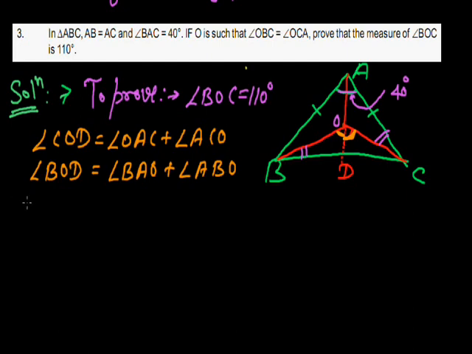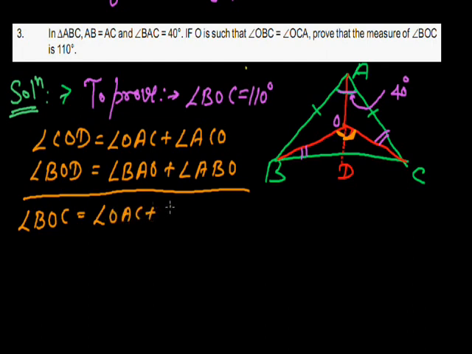Now, adding both of these, we have angle BOD plus angle COD, that means angle BOC, and it is equal to all four angles: angle OAC plus angle OAB plus angle OBA plus angle OCA.